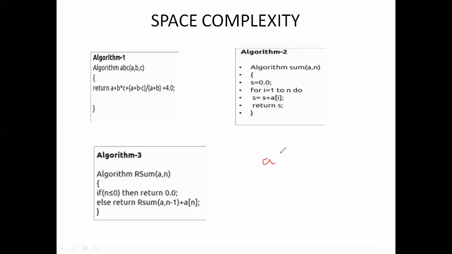A of n, so the size is n, plus two variables, one is i and another one is n. So n plus 2 is the space complexity for the previous algorithm.